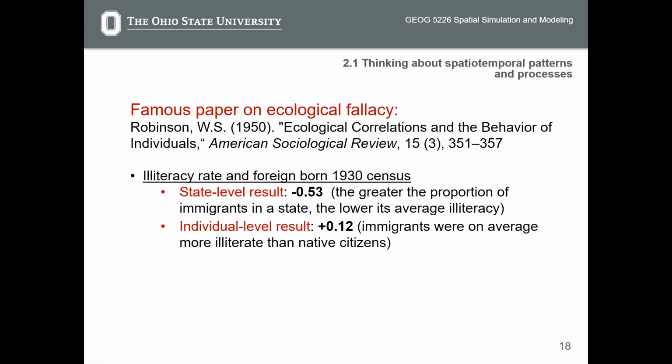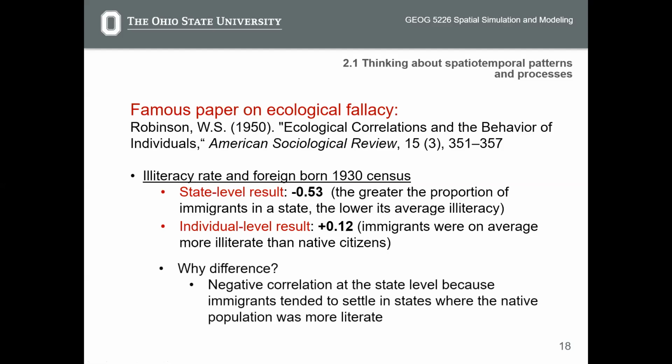So there could be a lot of reasons, but I would say this is the most reliable reason for this conflict. Negative correlation at the state level, because immigrants tended to settle in states where the native population was more literate, so that business would be better in those states with educated people.